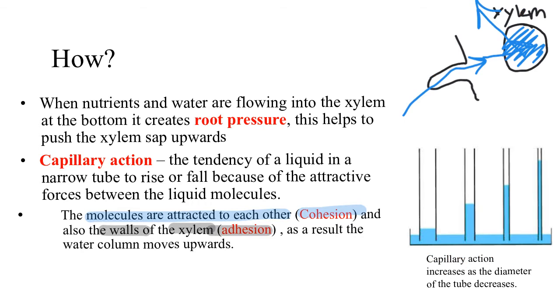And so starting off, we have two components. We have root pressure, sort of forcing the xylem sap upwards. And we also have this capillary action, which involves cohesion, water molecules sticking together, and adhesion, water molecules wanting to stick to the walls of the vessel.